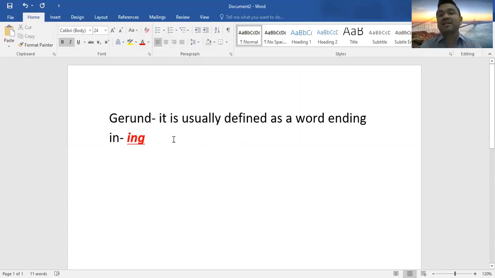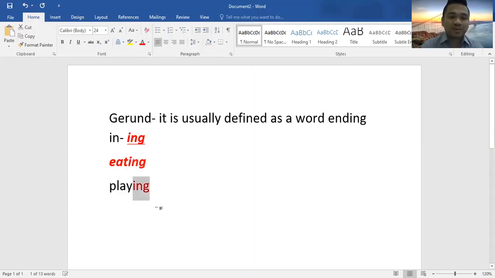It is coming from the verb. For example, eat. Eat here is a verb, and by simply adding ing to it, it will become eating. The word play, by simply adding ing, will become playing.